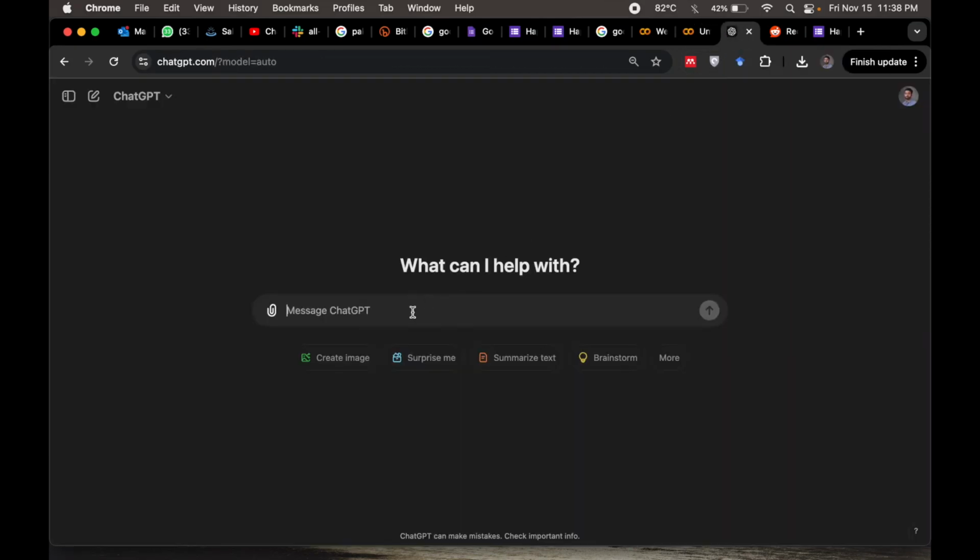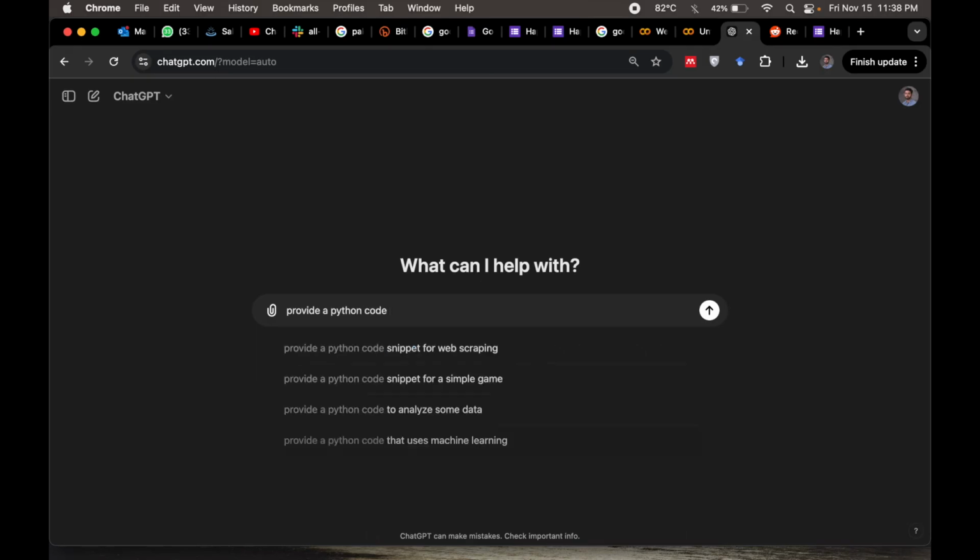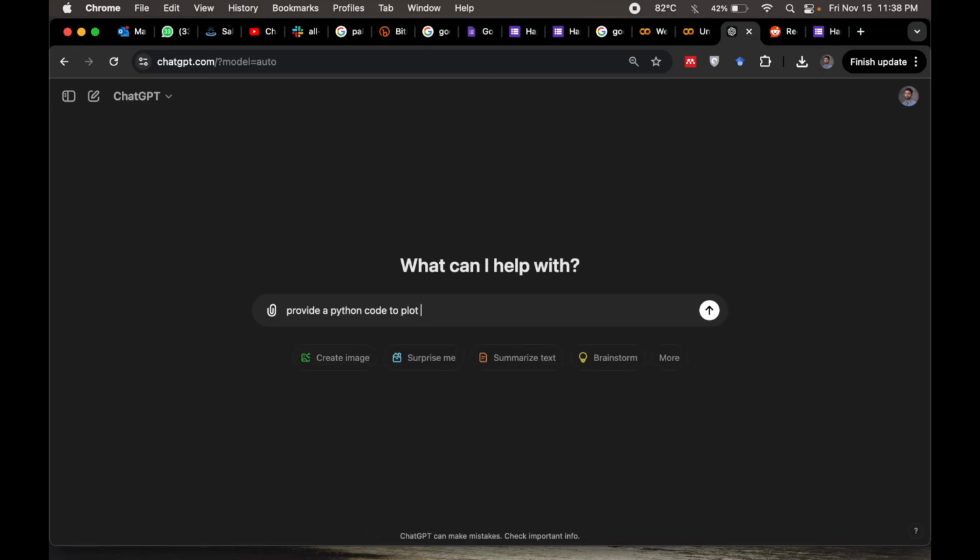One of the things we could do is use ChatGPT for this, and request it to provide a Python code to plot a normal distribution curve with t-values specified on the axis.